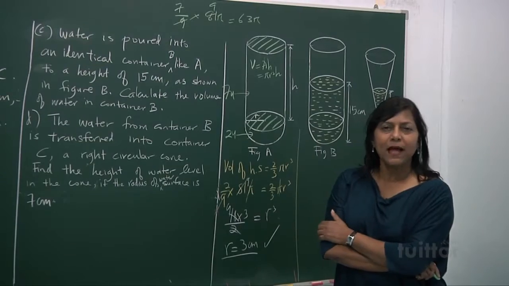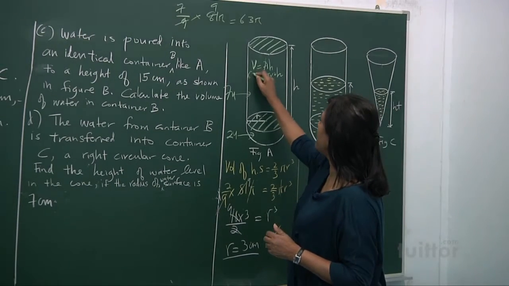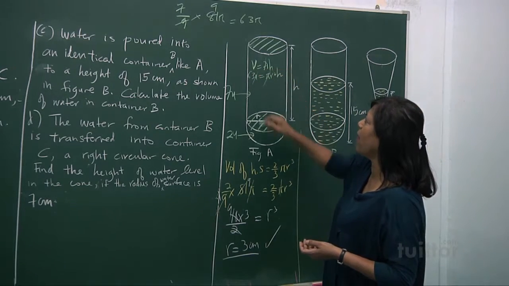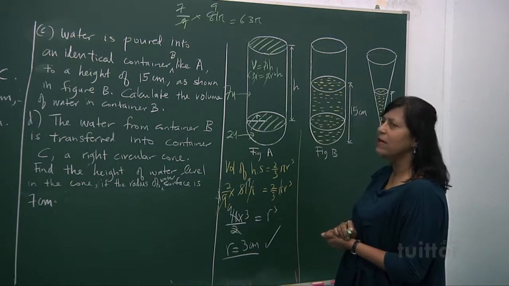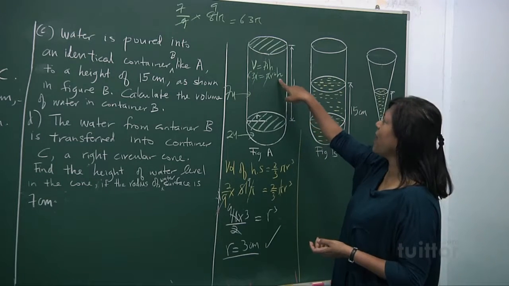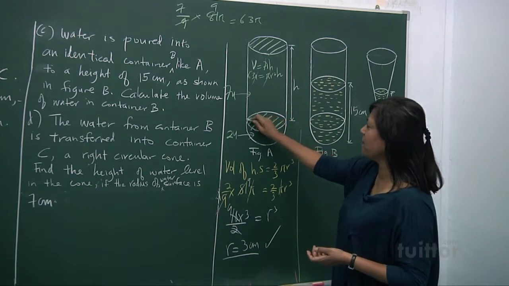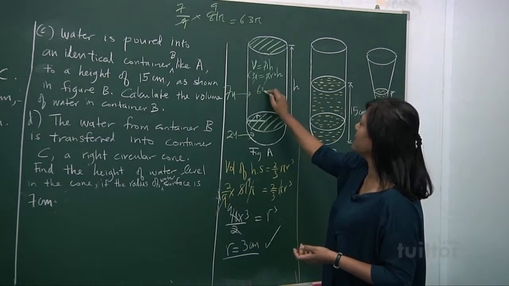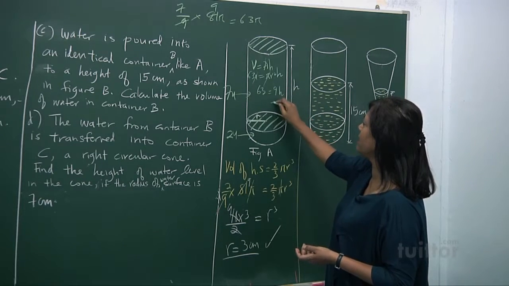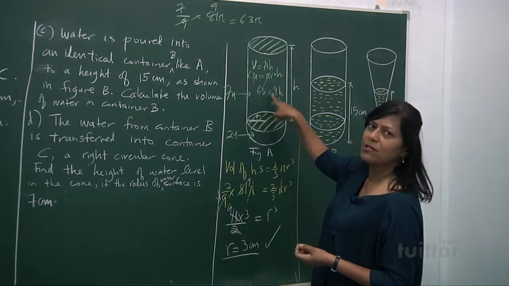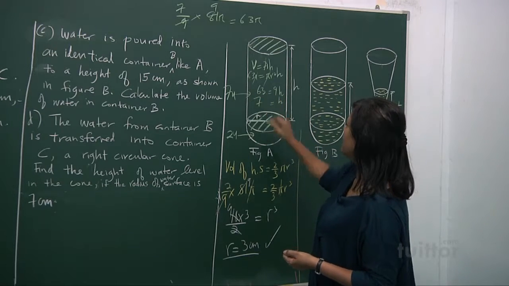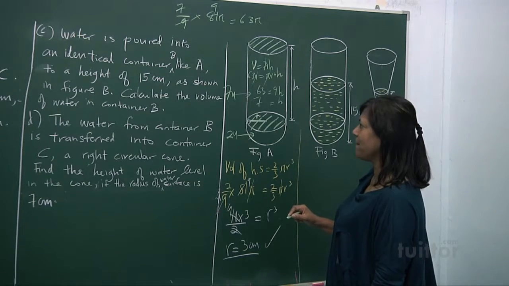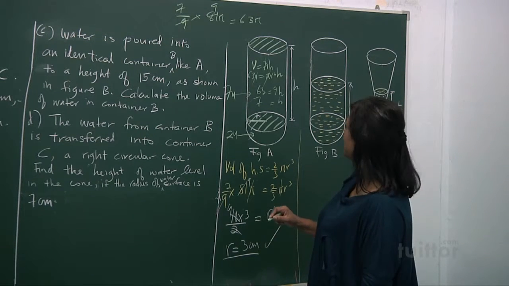Once you've got that, the pi and the pi could go off, and you've got 63 equals r squared h. The radius was found out to be 3, so r squared is 9. So 63 equals 9h. What is h going to be? 63 divided by 9, you get 7. So the height of it is 7 cm.